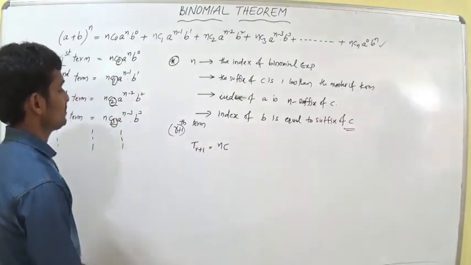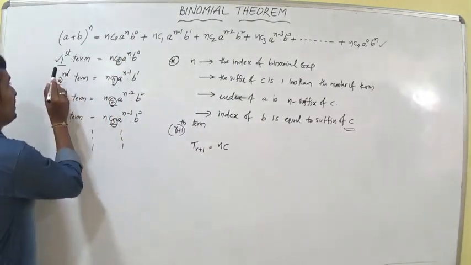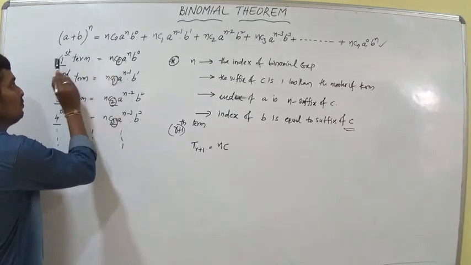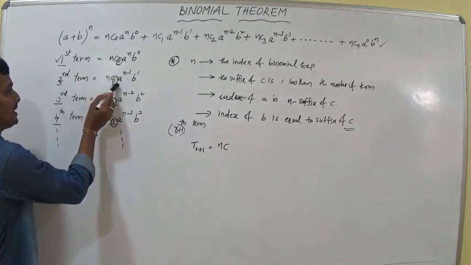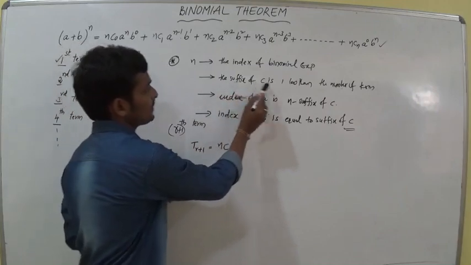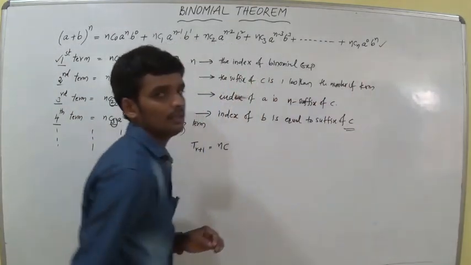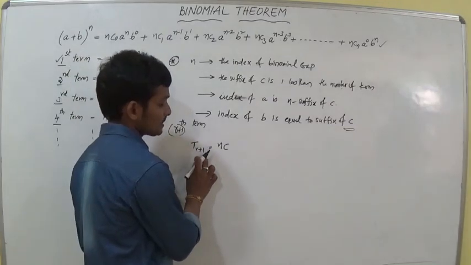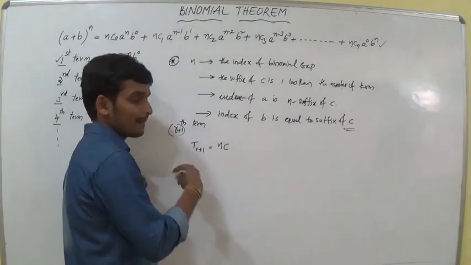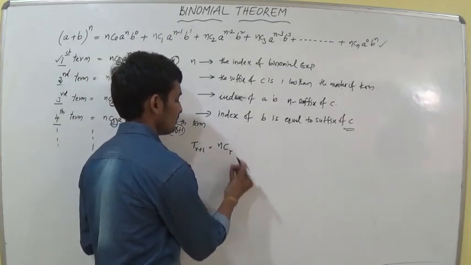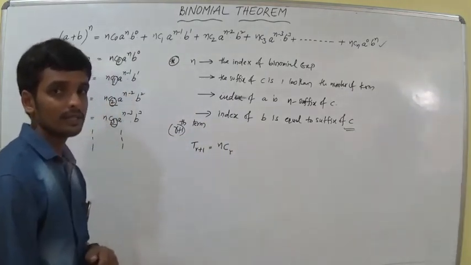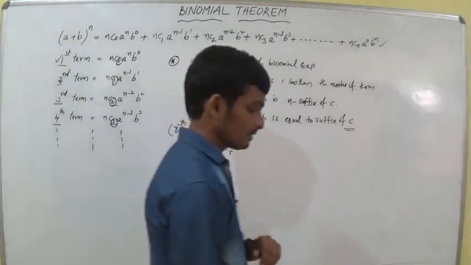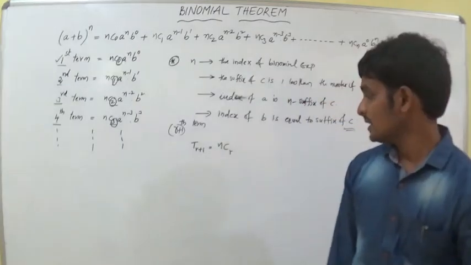n is common for every term. And if you observe the r plus 1th term, for the first term the suffix is 0, which is 1 less than the number of terms. The suffix of C is 1 less than the number of terms. The number of terms is r plus 1, so 1 less than r plus 1 is r, because the plus 1 and minus 1 cancel. So it is nCr.